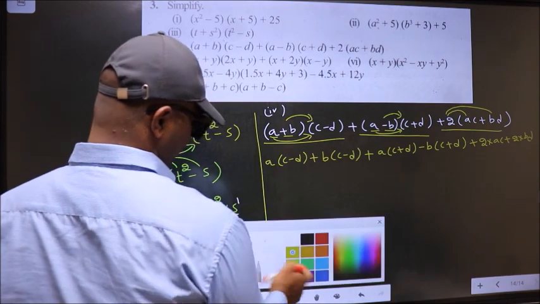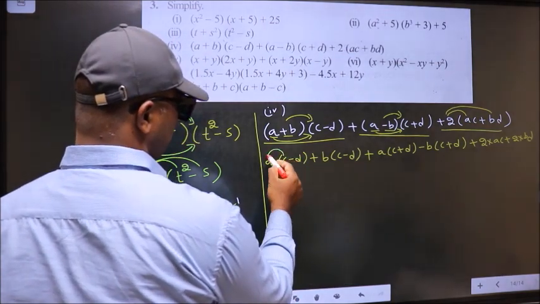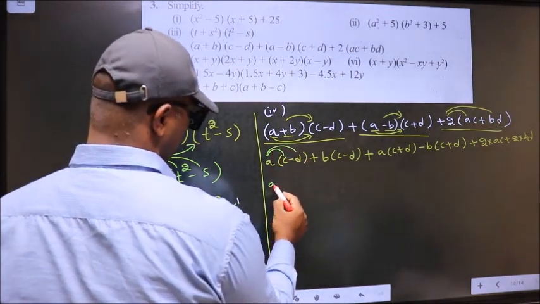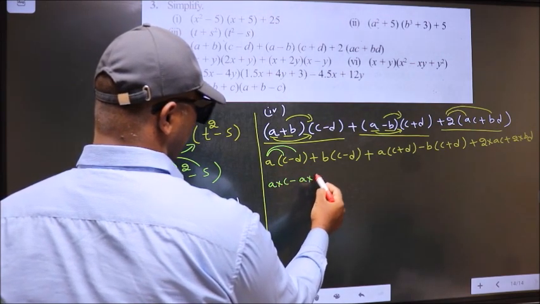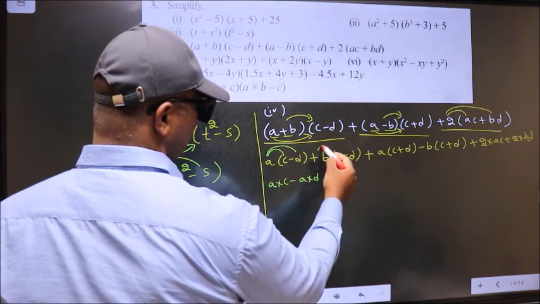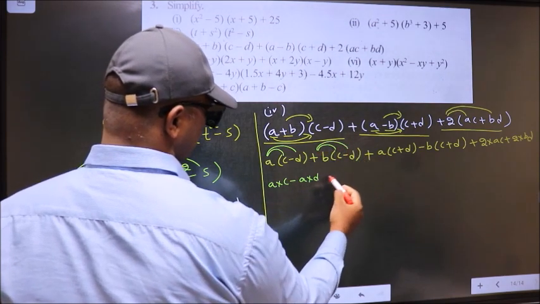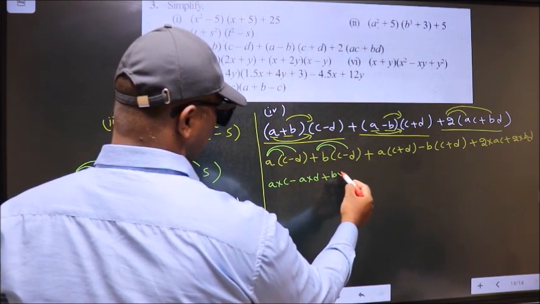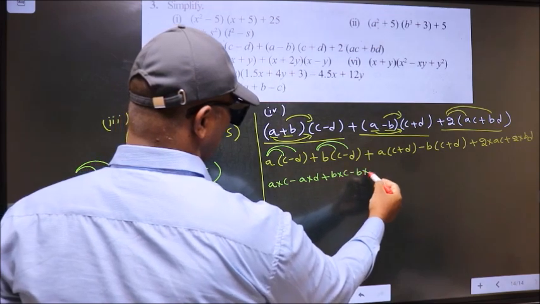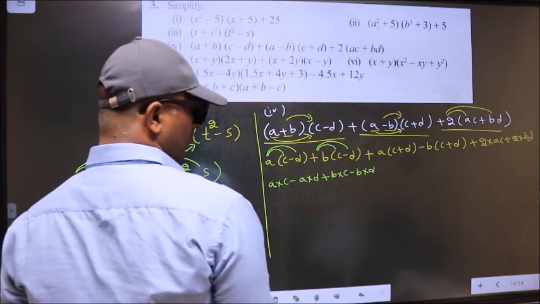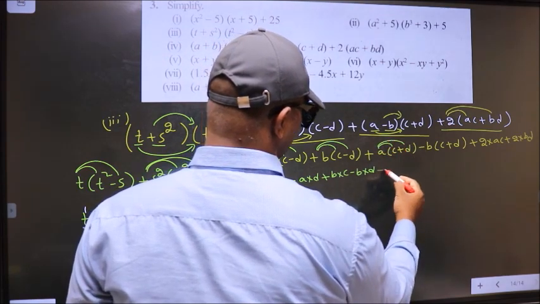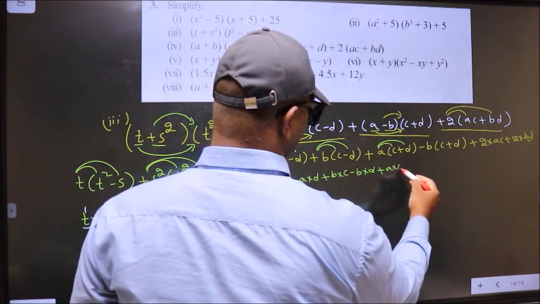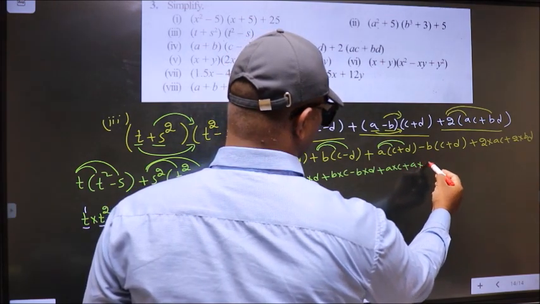Now with a you open up the brackets, you get a into c minus a into d, and here with b you open up the brackets, we get b into c minus b into d, and here with a we should open up the brackets, that is a into c plus a into d.